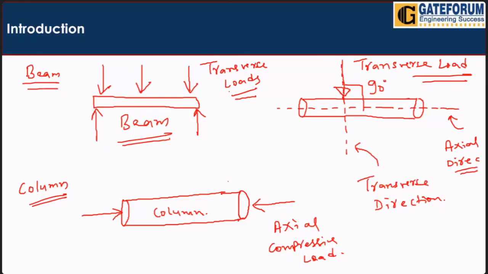But if the same cylinder is subjected to axial compressive load, in that condition, the same cylinder will be known as column. Same cylinder can be called a beam, same cylinder can be called a column, depending on the type of loading on that cylinder. Understood, I think. Transverse load for beam as well as axial compressive load for column.